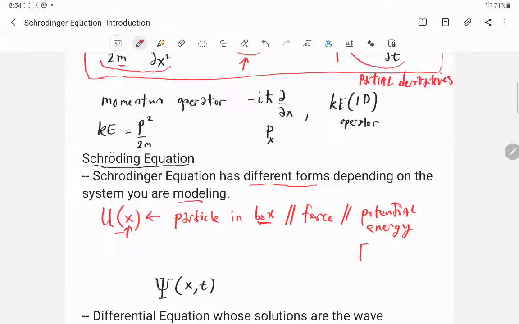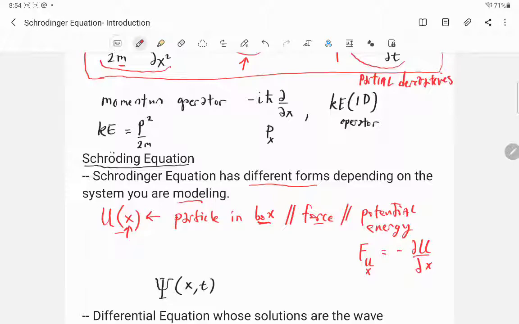Remember that there is a force associated with that potential energy because of the negative derivative of the potential with respect to x. This is the x direction force associated with this potential. Remember that force and potential energy are related. In fact, force is the derivative of the potential energy with a minus sign.